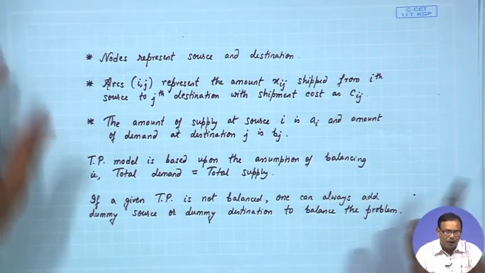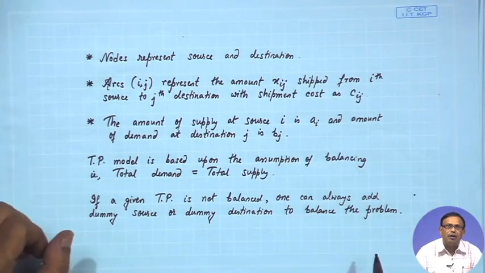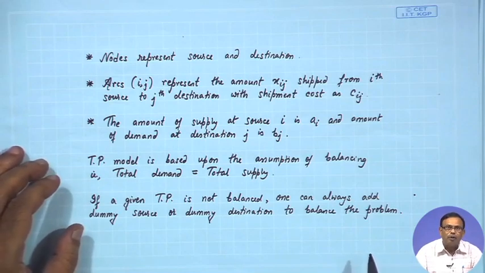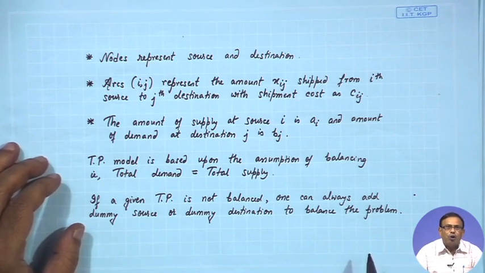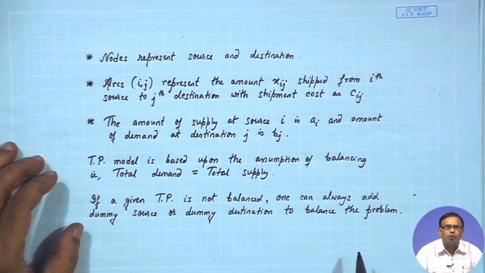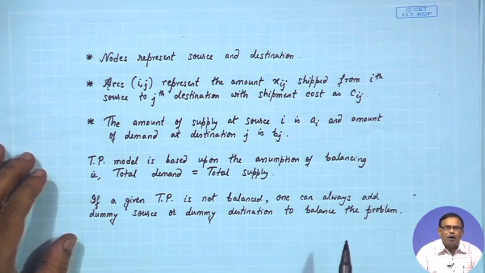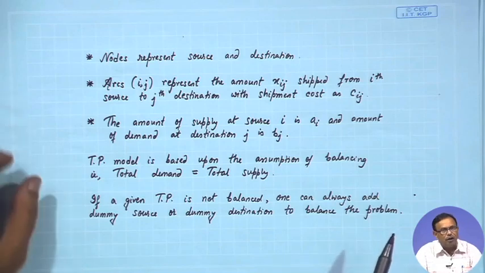The amount of supply at source i is a_i, and the amount of demand at destination j is b_j. The transportation model is based upon the assumption of balancing, that is, total demand must equal total supply. Please note this one: the transportation model is always based upon the assumption of balancing, as you have seen earlier.